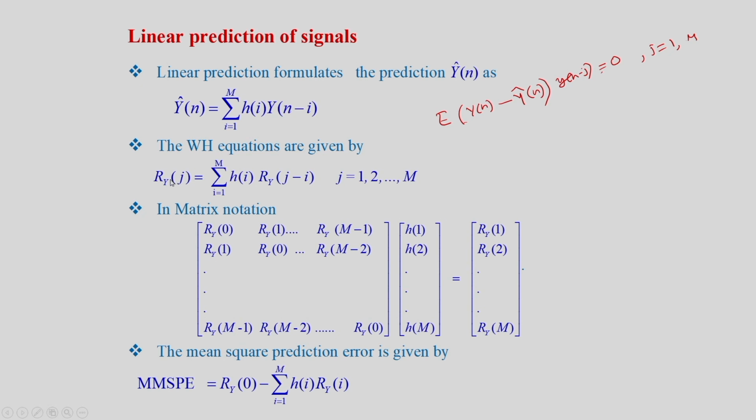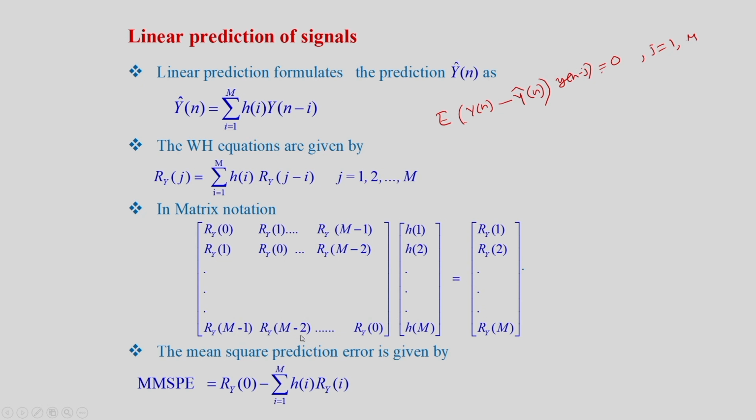and this is given by Ry[j] is equal to summation h i into Ry[j minus i], i going from 1 to m. There are m equations corresponding to m values of j. In matrix notation, we write this equation like this: the autocorrelation matrix into coefficient vector is equal to the autocorrelation vector.